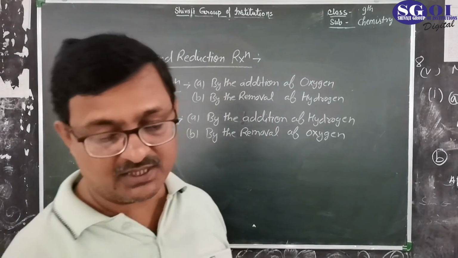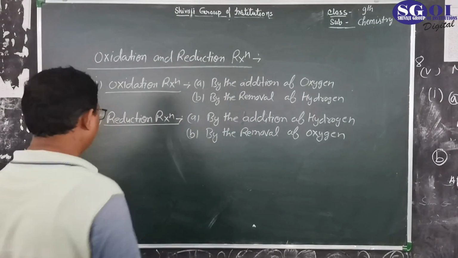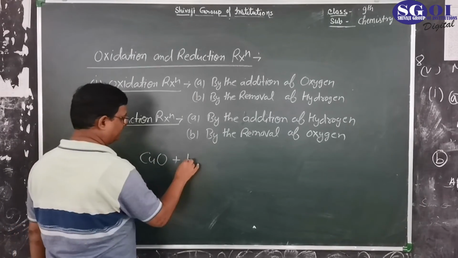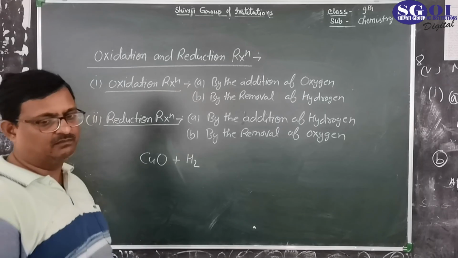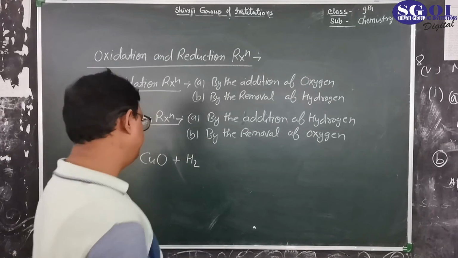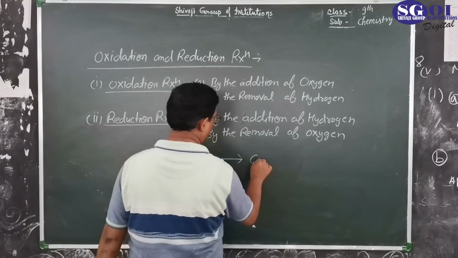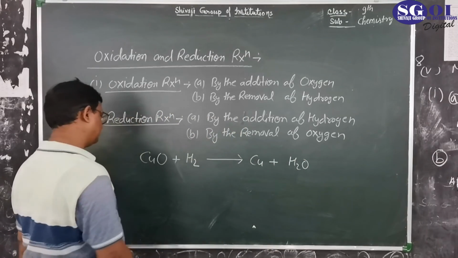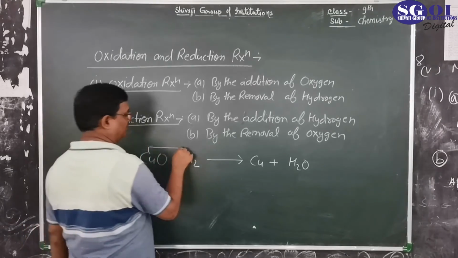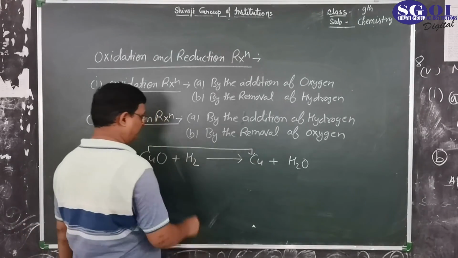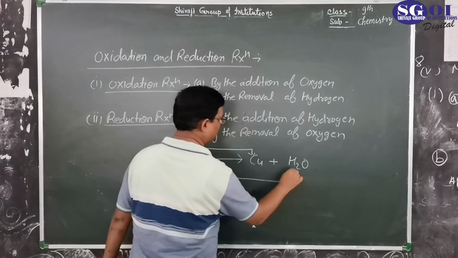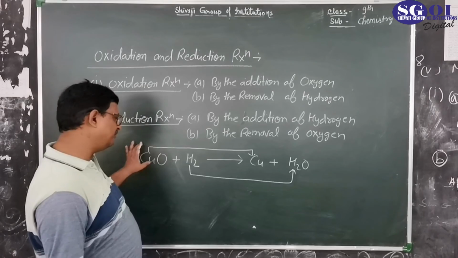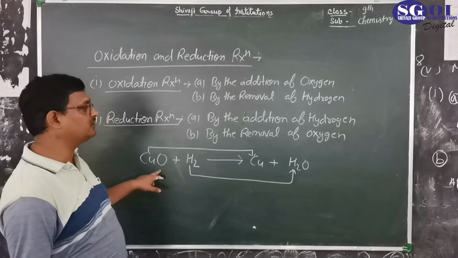Here we take one more example. CuO, that is copper oxide, reacts with hydrogen H2 to give Cu plus H2O. Copper oxide forms copper by the removal of oxygen.